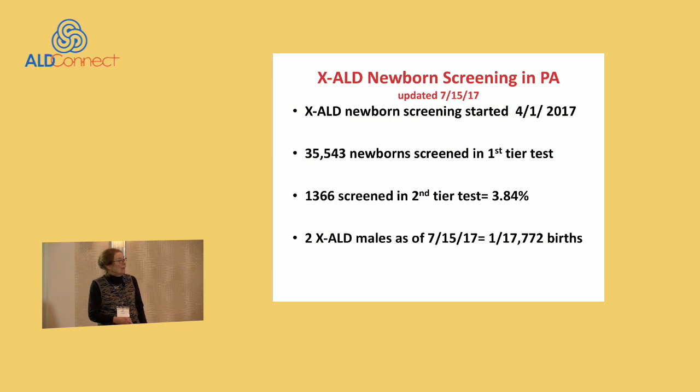And then the third tier is ABCD1 mutation. So they had identified 2 males as of July 15th. However, I've been talking to several geneticists in Pennsylvania. They always call on our lab to do some testing. And I know of 2 female carriers also from Pennsylvania that were identified.